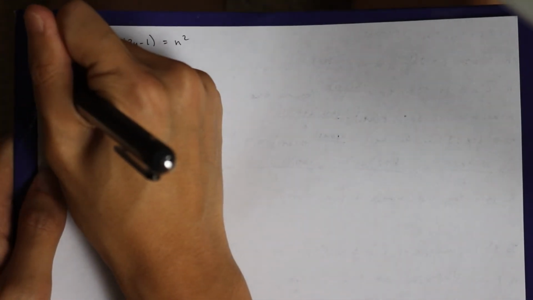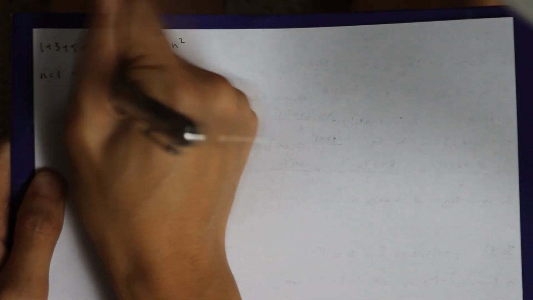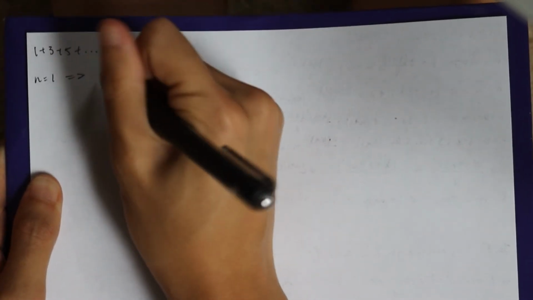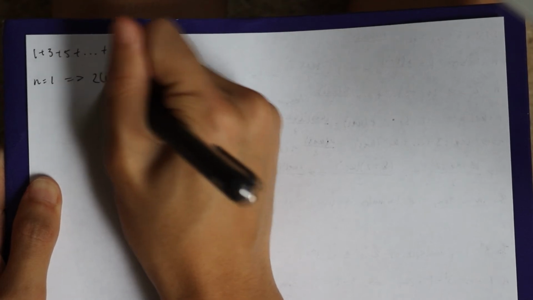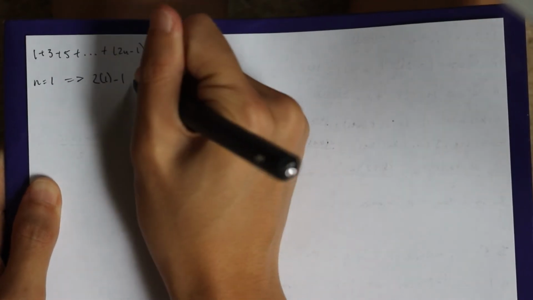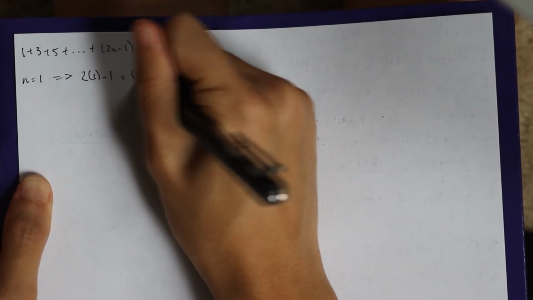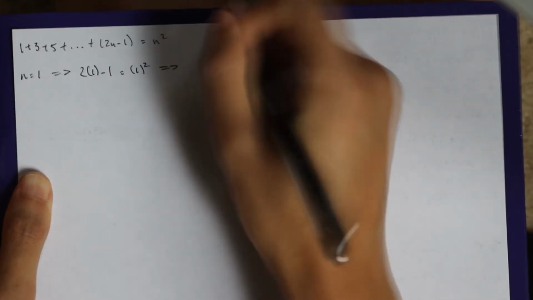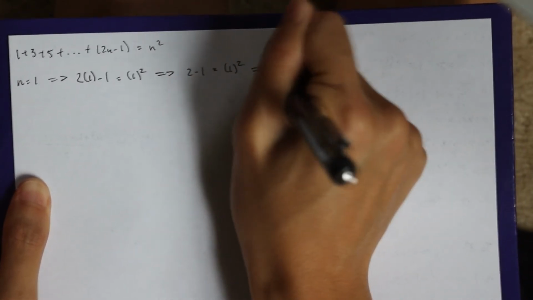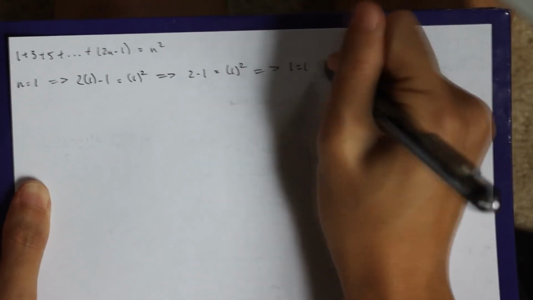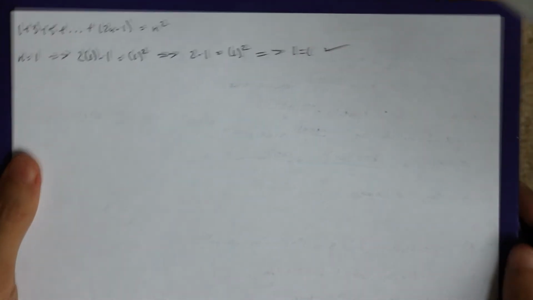So prove the base case n is equal to 1. So just plug in 1 for n. So 2 times 1 minus 1 equals 1 squared. And this will give 2 minus 1 is equal to 1 squared, which is the same thing as 1 is equal to 1. So n equals 1 is true.